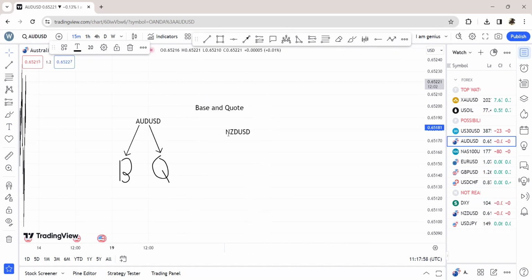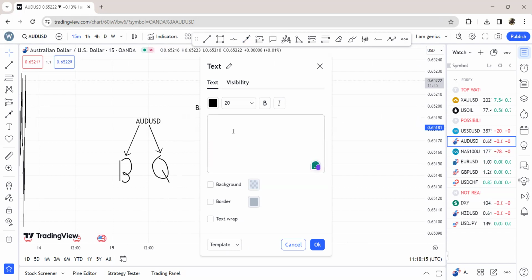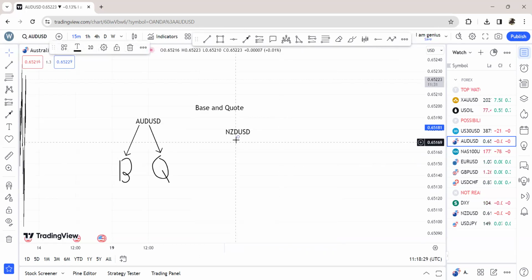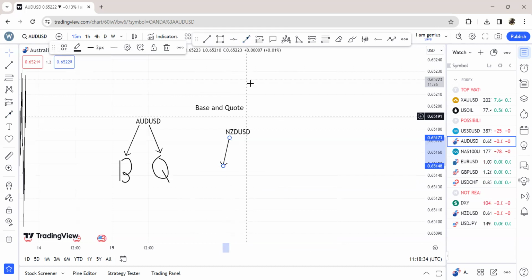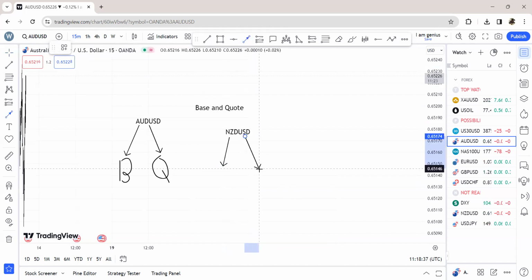In this instance, with New Zealand dollar and USD, what's going to be your base and what's going to be your quote currency? I'll give you 5 seconds to figure that out.